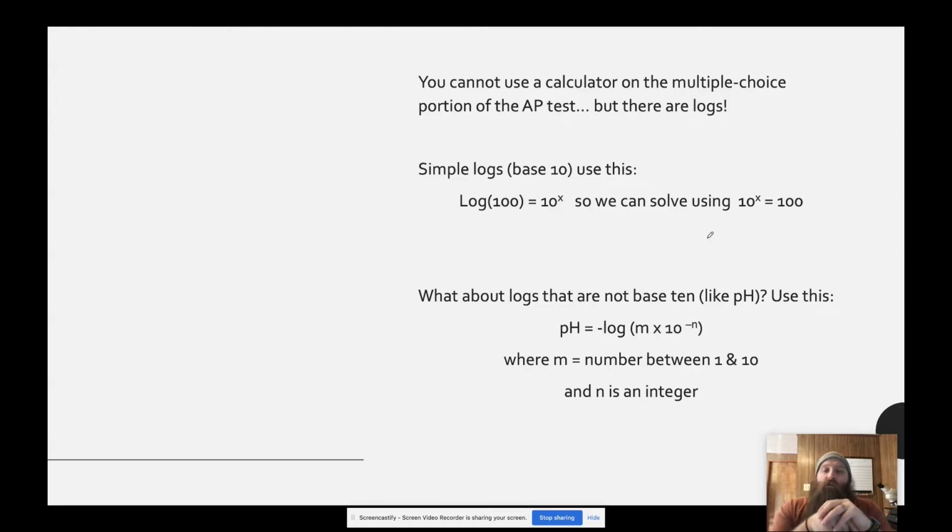The concentration of hydrogen is usually a small number, so we get some number between 1 and 10 times 10 to the negative n. In this approximation, we need to know that m is a number between 1 and 10, and n is some integer exponent.